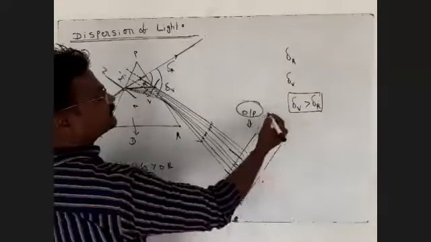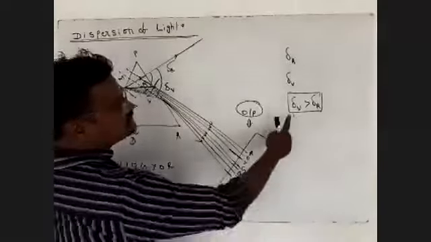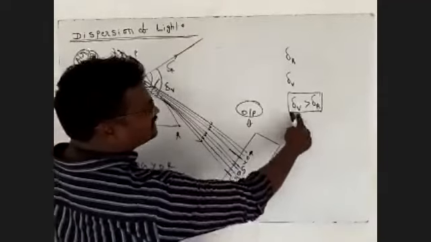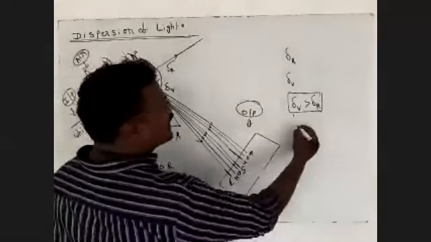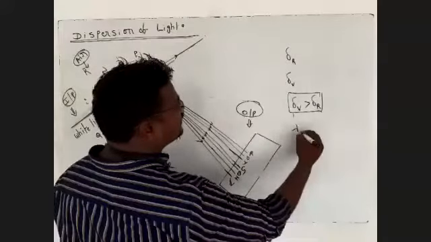So what is the angle of deviation for red and for violet? The deviation of violet is greater than the deviation of red.